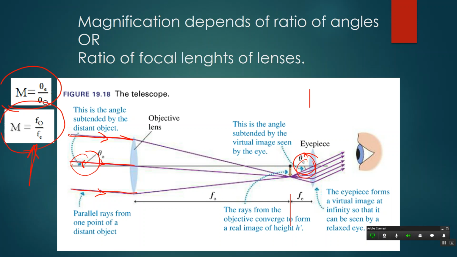Do you remember when we were in the lab the other day, I told you guys to try to make the difference of your two lenses as great as possible? The reason for that is because on top you have the objective focal length, and you want that to be as big as possible, and you want your eyepiece focal length to be as little as possible, so you have a big number divided by a small number, and you get a big magnification. Make sense?